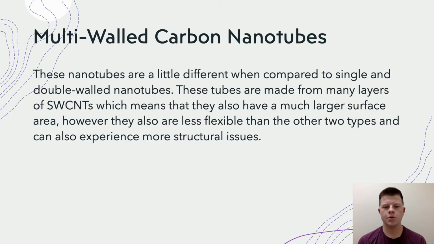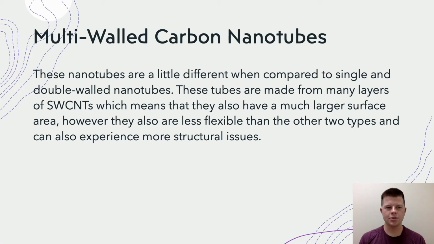So multi-walled carbon nanotubes are a little different when compared to the single and double-walled nanotubes. The multi-walled nanotubes are essentially just ring after ring after ring of nanotubes within one singular nanotube. One of the sources I read described it as being like a tree trunk when you cut it open and you see all the rings within the tree.